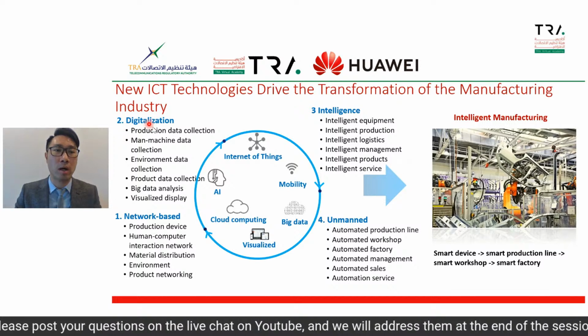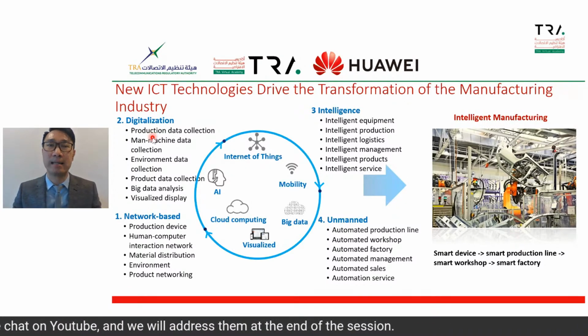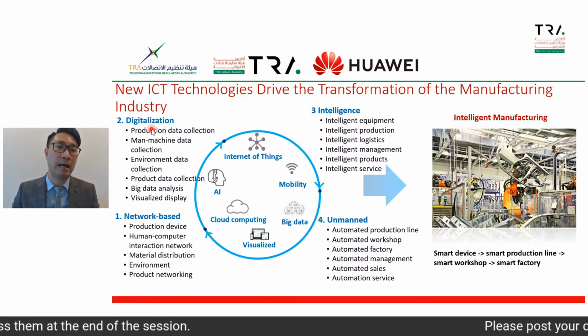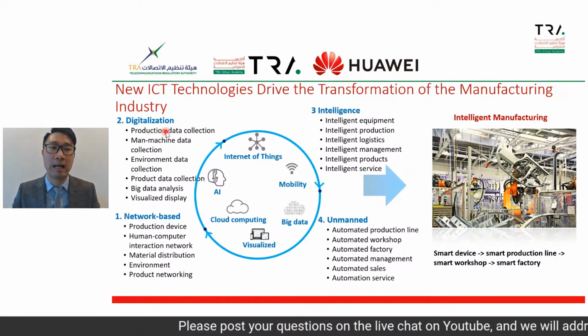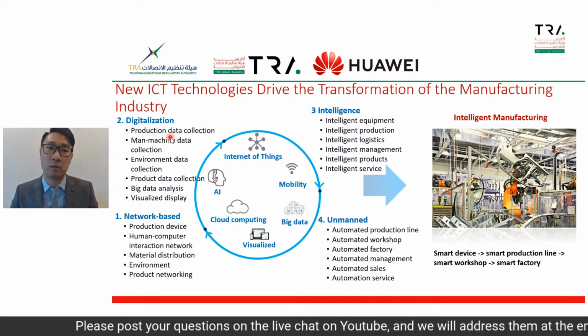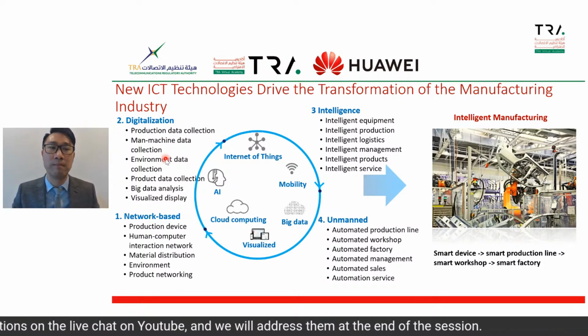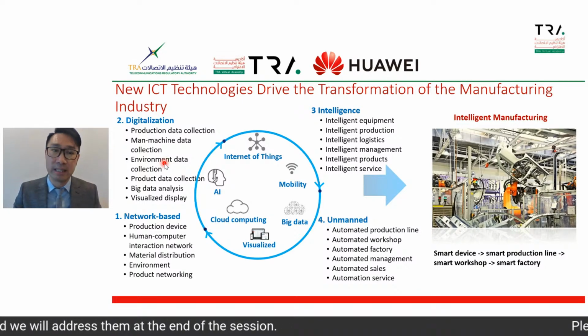And after you connect to the network, then we can have the second step, digitization. Digitization means that now you can start to monitor all the data. You can have all the data of the equipment and the environment. What is the temperature? What is the humidity?